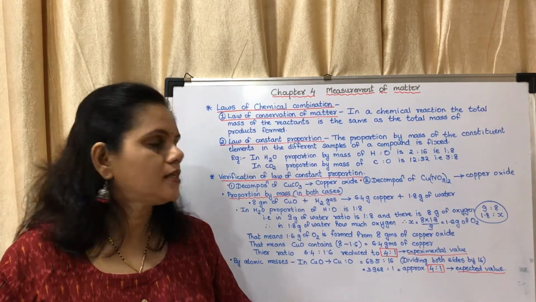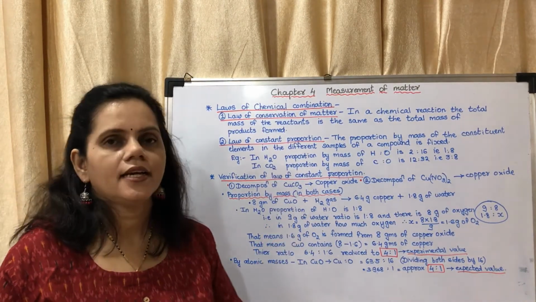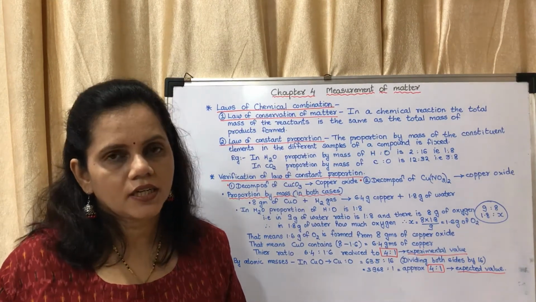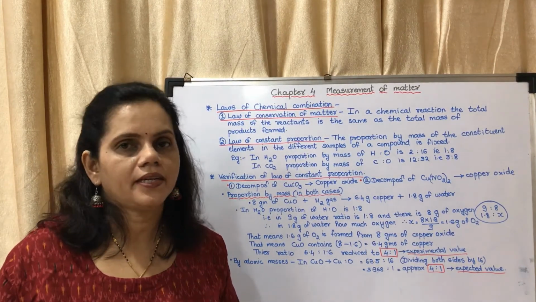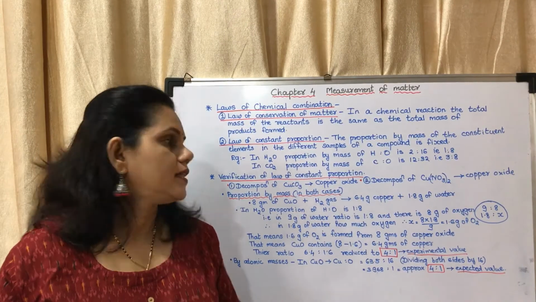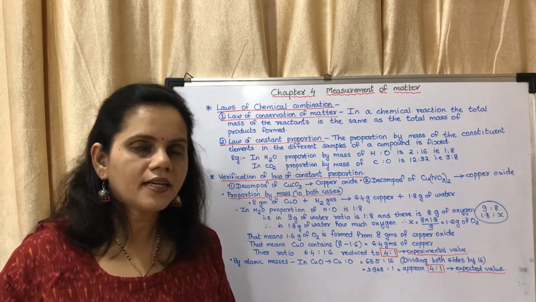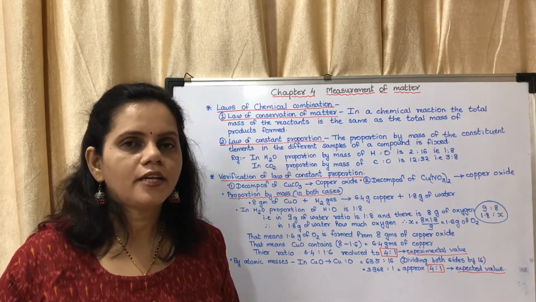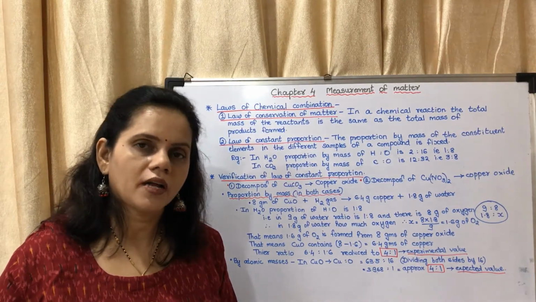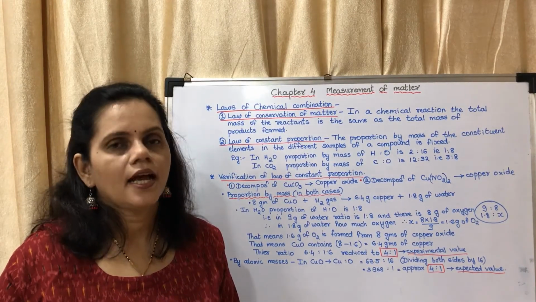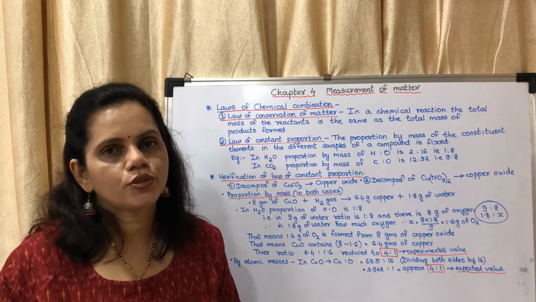That means whatever carbon dioxide is present on the surface of the earth, in whatever method it could be formed, this carbon dioxide will contain 3:8 proportion by mass of carbon to oxygen, and in water it is 1:8.